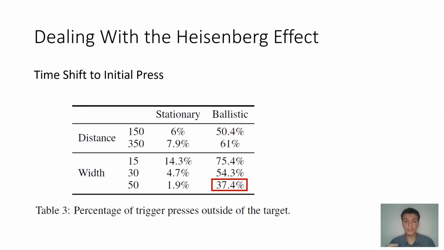So accepting this initial press position as the final selection would lead automatically to an error of at least 37.4% in the conditions we used for the target sizes we used. This is higher than the Heisenberg error that we observed in the ballistic condition, and this is almost as high as the overall error, so the overall missed targets.